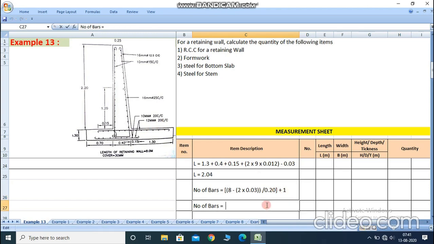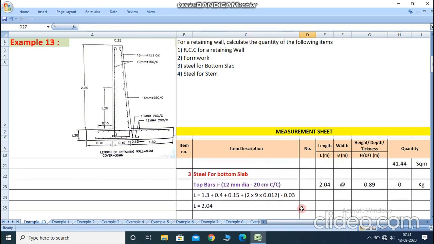So the number of bars required is 40.7. We take a round figure of 41 numbers of bars required.